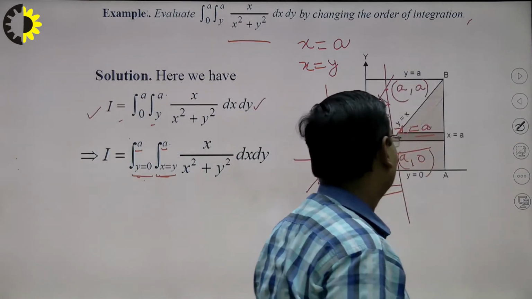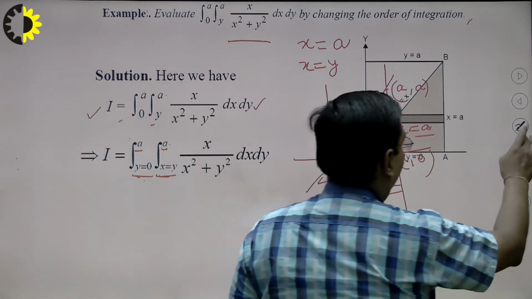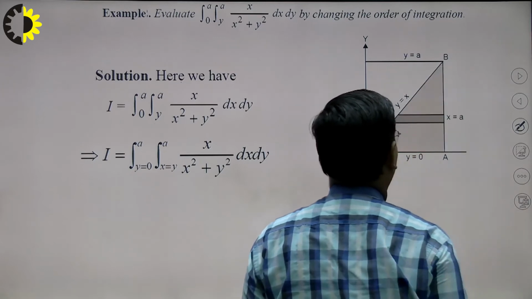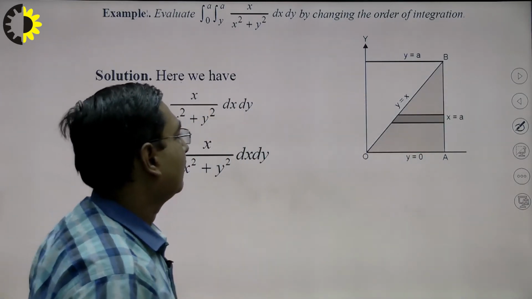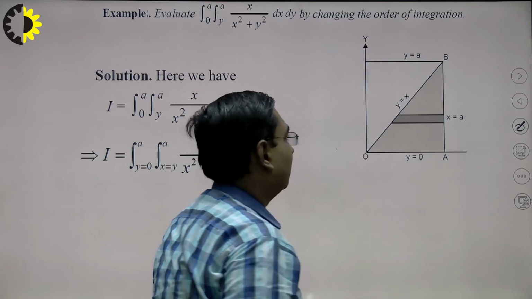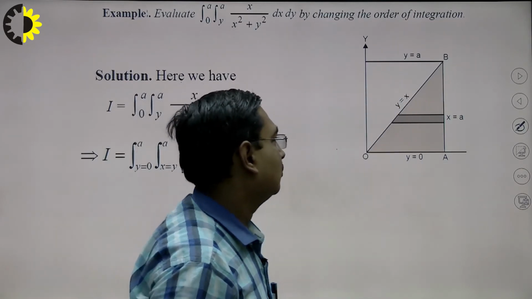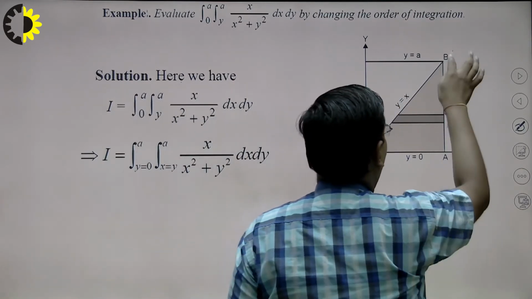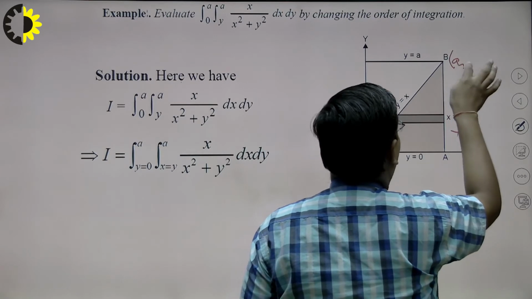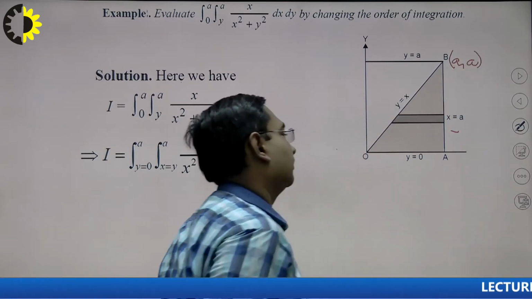This is drawn here with more clarity. This is y equal to x, this is y equal to 0, this is x equal to a, and this point is (a, a).